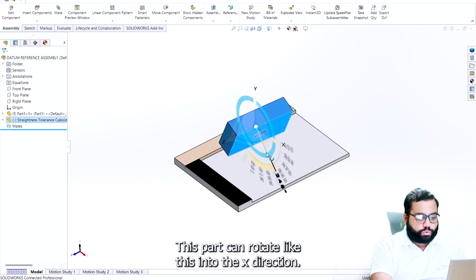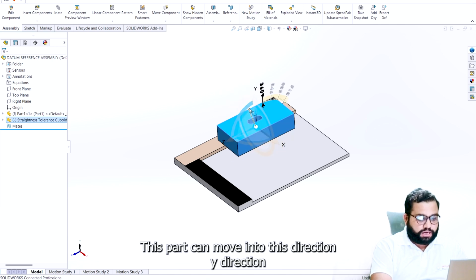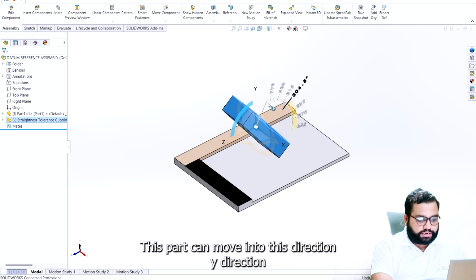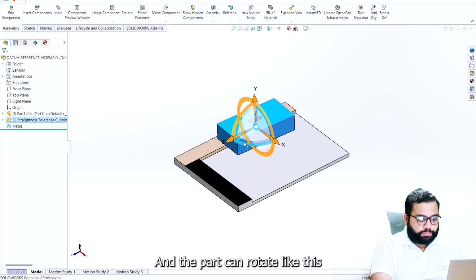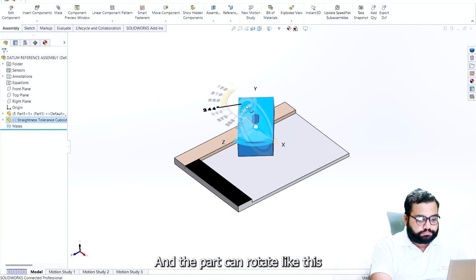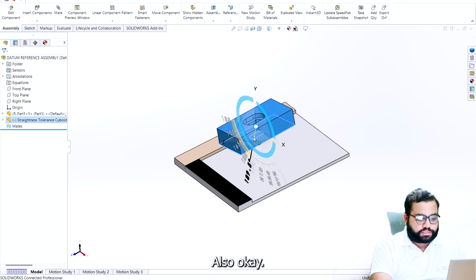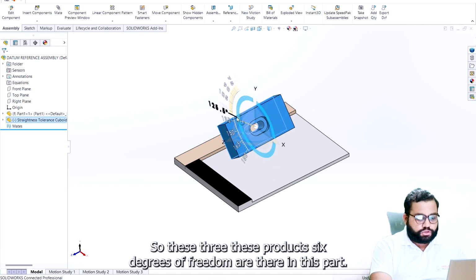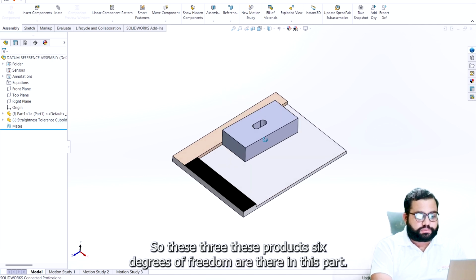This part can rotate like this about the x direction, and it can rotate like this, and also like this. These are the three rotational movements. So in total there are 6 degrees of freedom in this part.